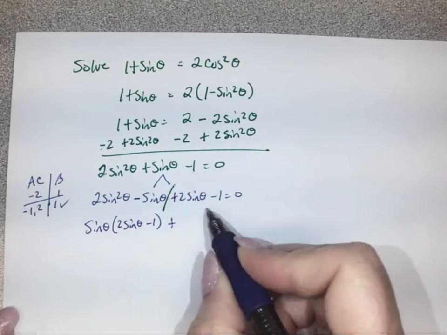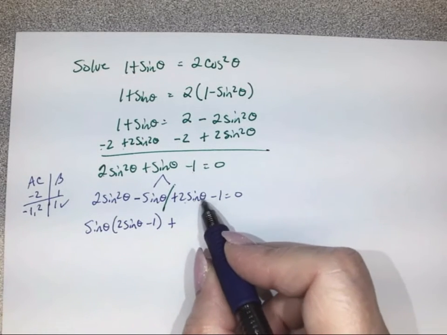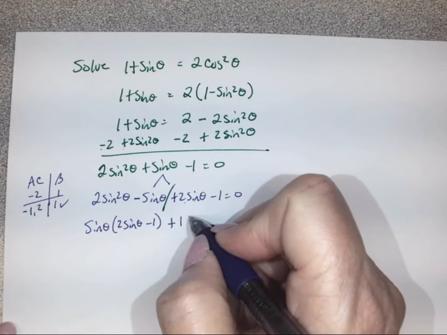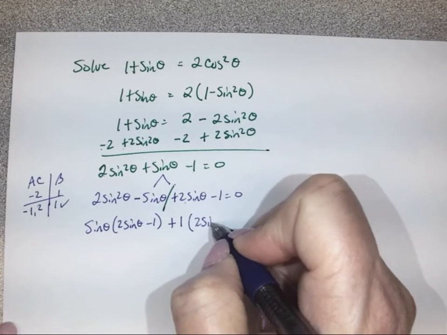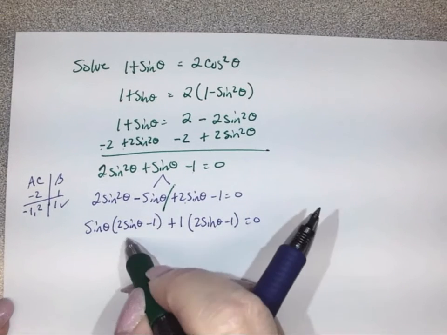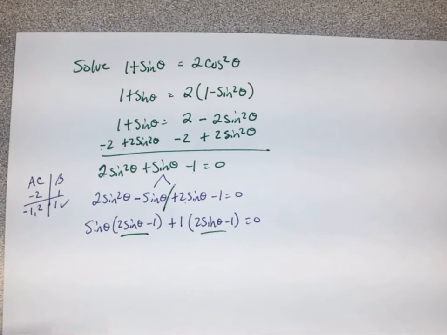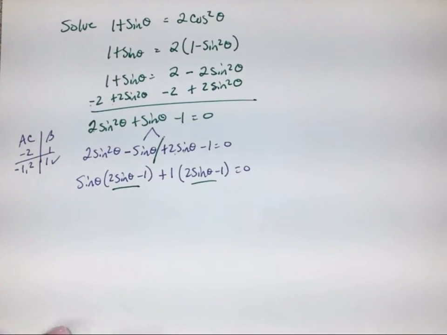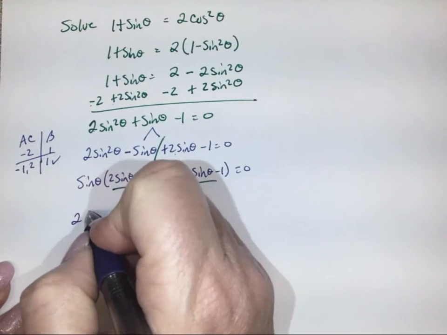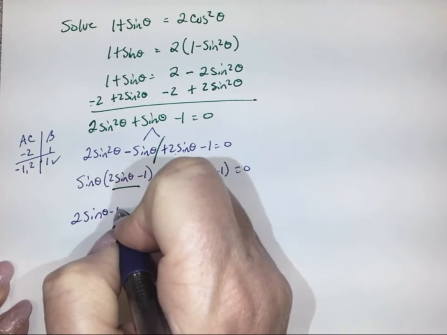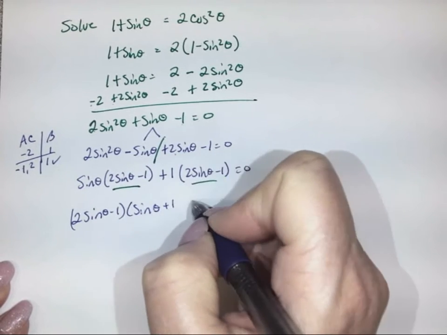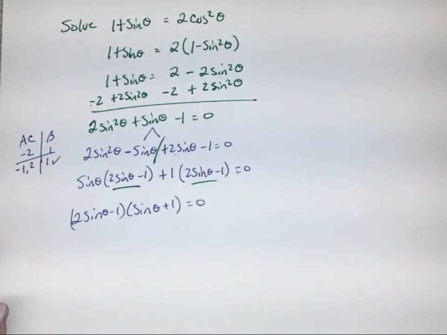Bring down my plus sign. Over here, there's nothing I can factor except a 1. So plus 1 times 2 sine theta minus 1. And if you notice, I have the same thing in my parentheses. So it works just like when we're doing x squareds. So now I have 2 sine theta minus 1 times sine theta plus 1 is equal to 0.